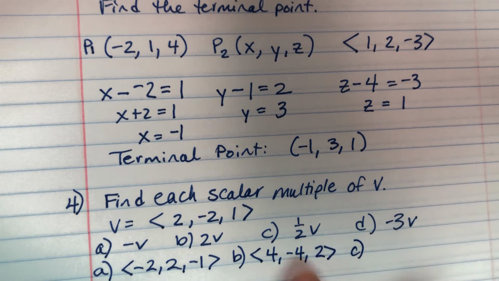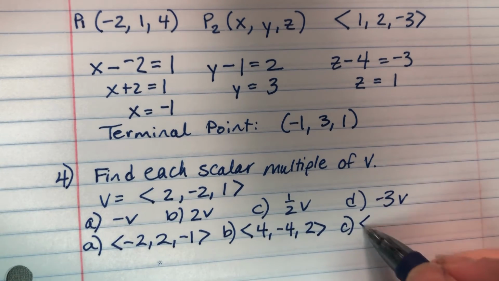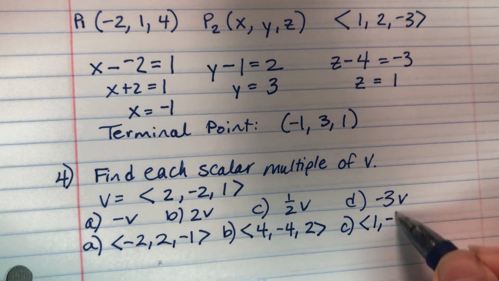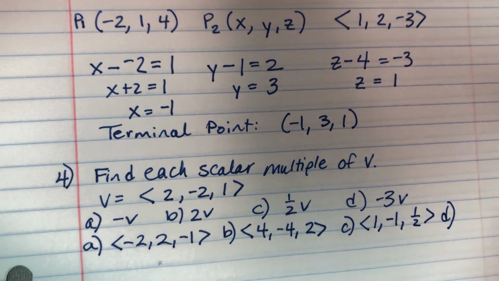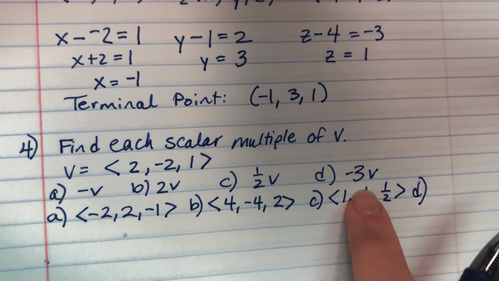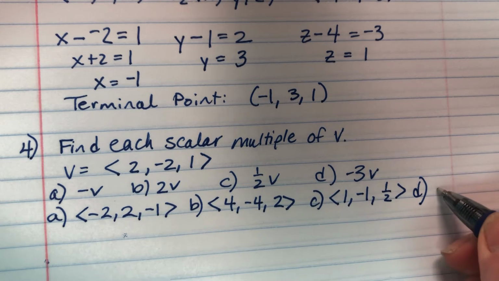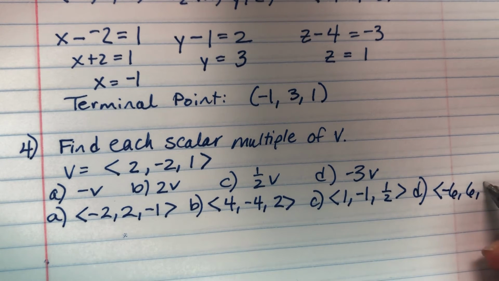For C, we're going to multiply each element of vector v times 1/2. So we'll have 1, negative 1, 1/2. And finally, for part D, we're going to multiply each element of vector v times negative 3. So that's going to give us negative 6, 6, and 3.